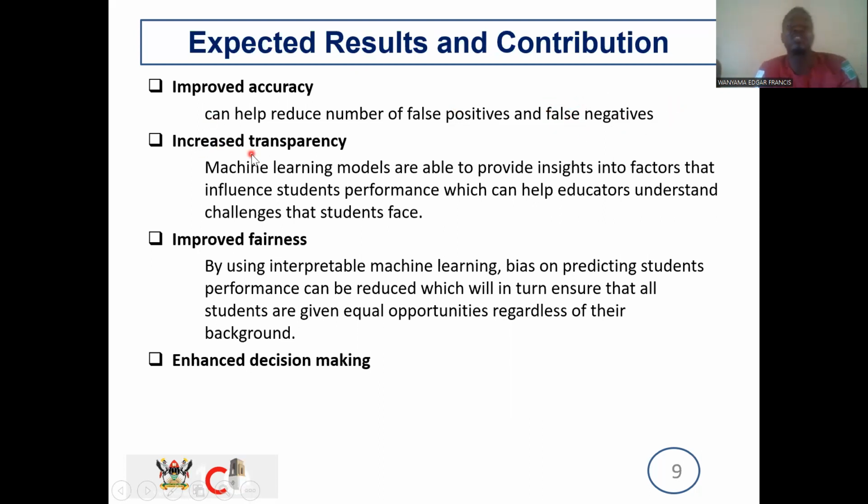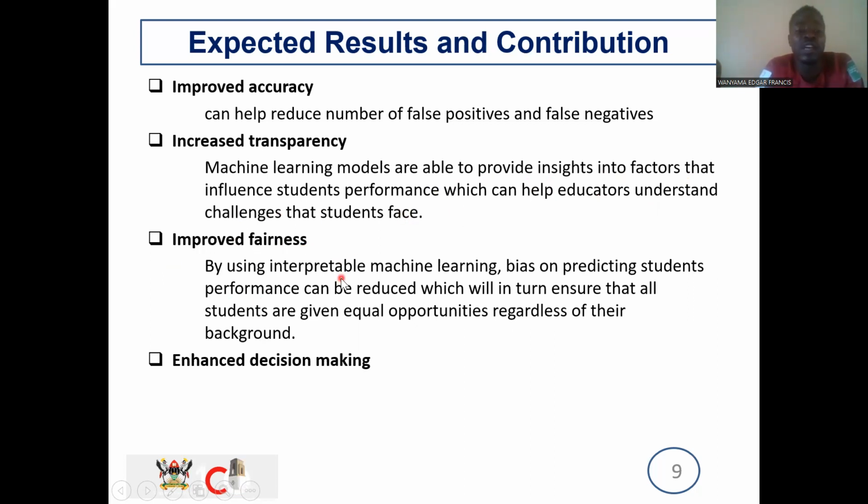Then, to increase transparency, the model will be able to be understood and will provide insights into factors that influence students' performance, and can help educators understand the challenges the students face so they can adjust accordingly.